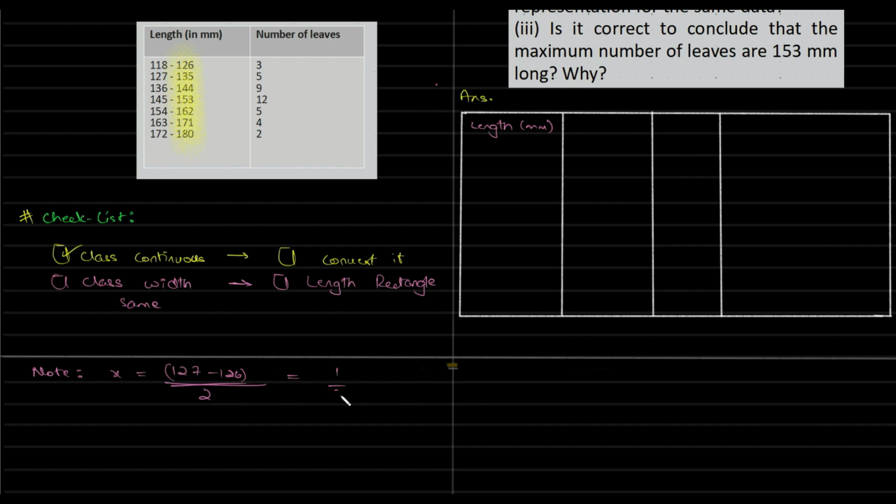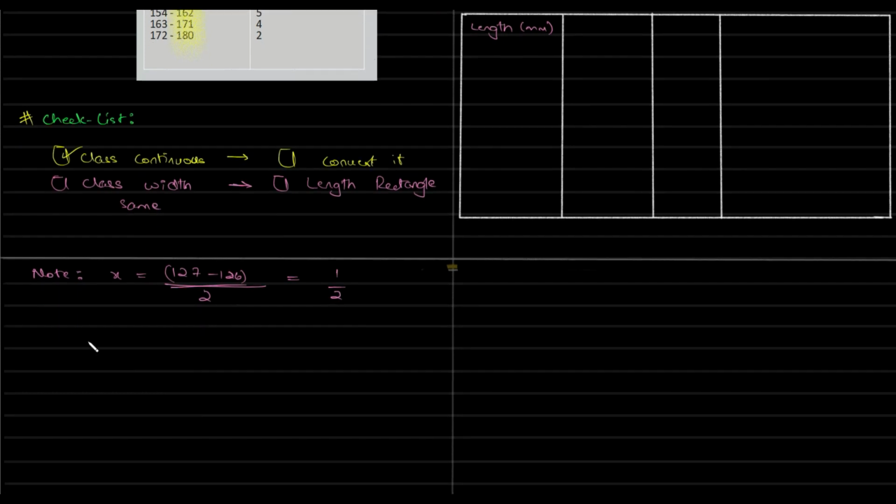Difference is 1 and the answer is half. So we add half to the upper limit and subtract half from the lower limit.